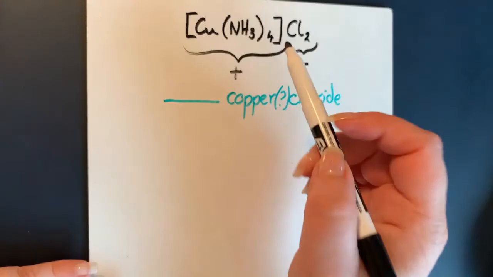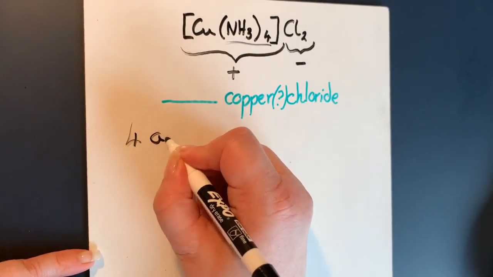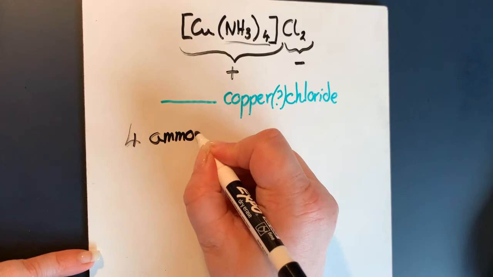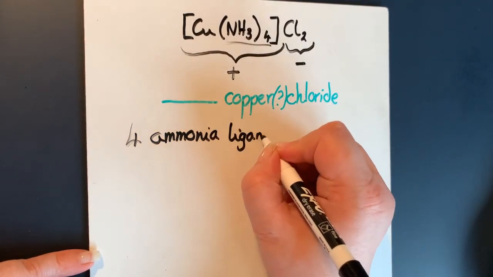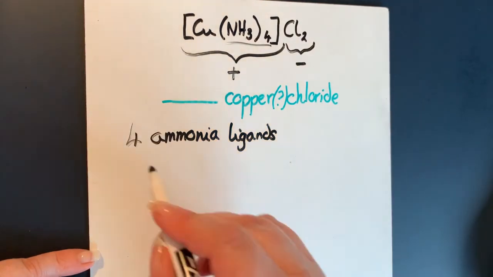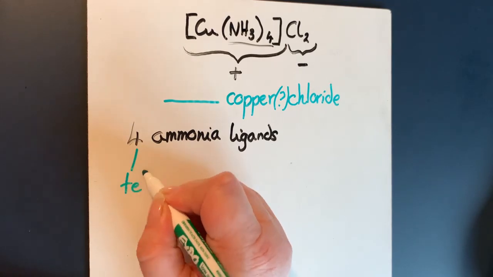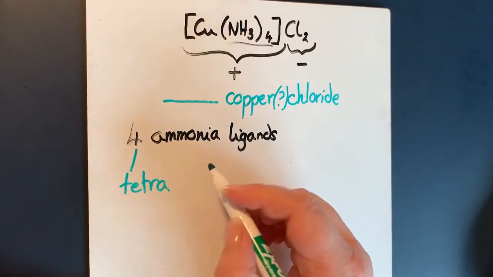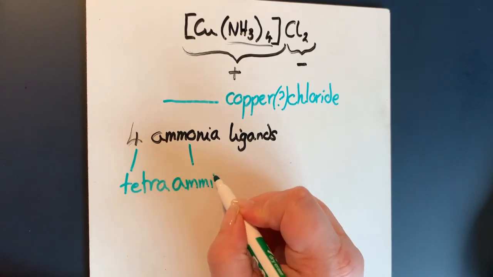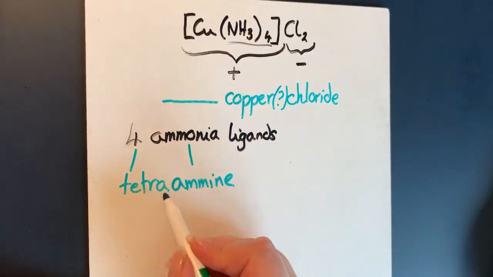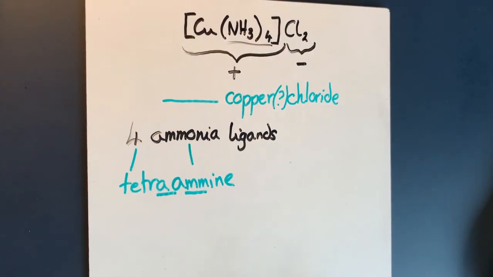So, from these ligands, we have 4 ammonia ligands. So that becomes tetra, and the ammonia ligand is amine. Please be aware that we do have that double A, double M, and it's marked incorrect if you don't have that.